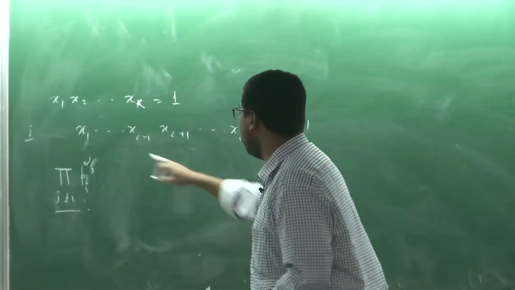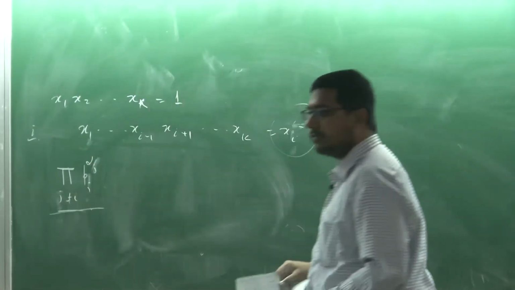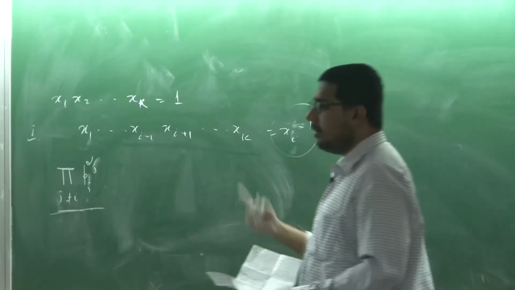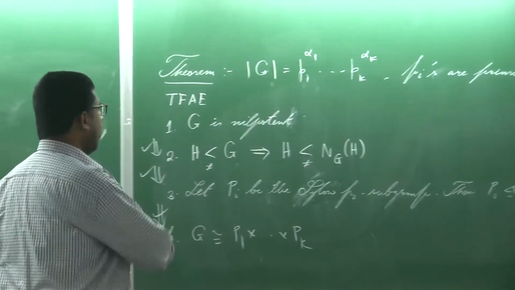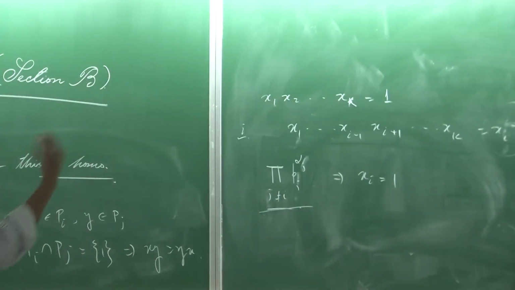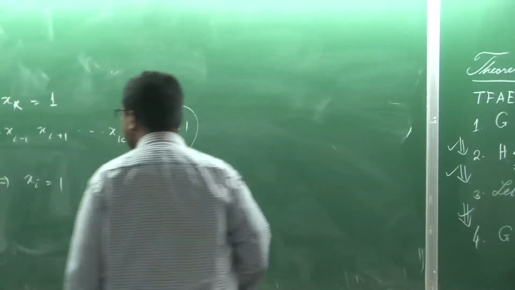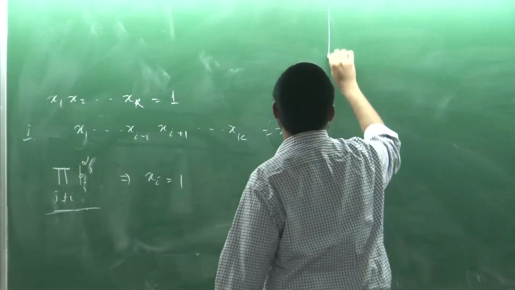So let me repeat, the order of xi must divide this quantity, and therefore the order of xi has to be 1, that implies xi has to be 1. Thus this shows that this map is 1-1, hence we prove 3 to 4, and 4 to 1 has already been done. Thus we have finished the proof of the entire theorem. So this is just an argument considering the orders of both sides.